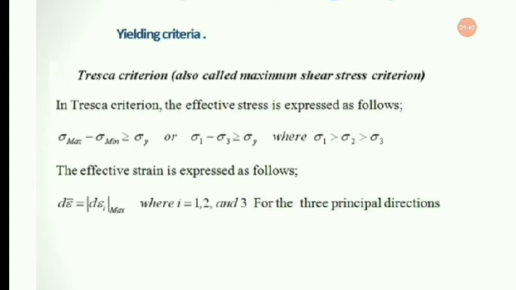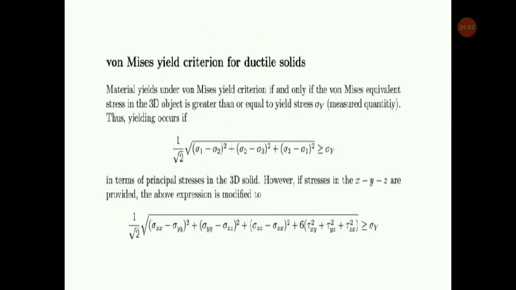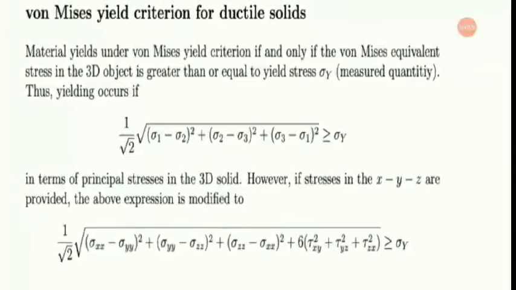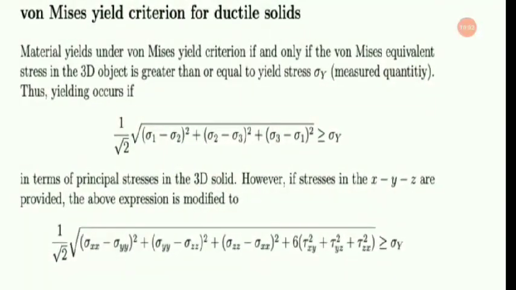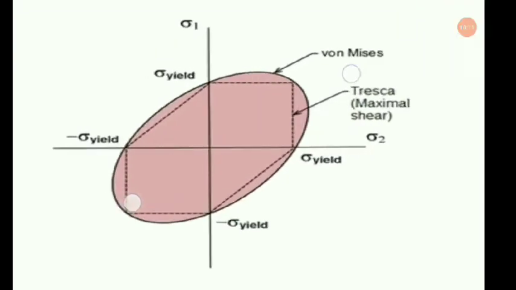That is a very important thing you must know under the heading of yielding criteria. And the next one is the von Mises yield criterion for ductile solids. So these two main failure theories are very important for your yielding criteria as well. Okay. Now, there is one last thing I would like to share with you.